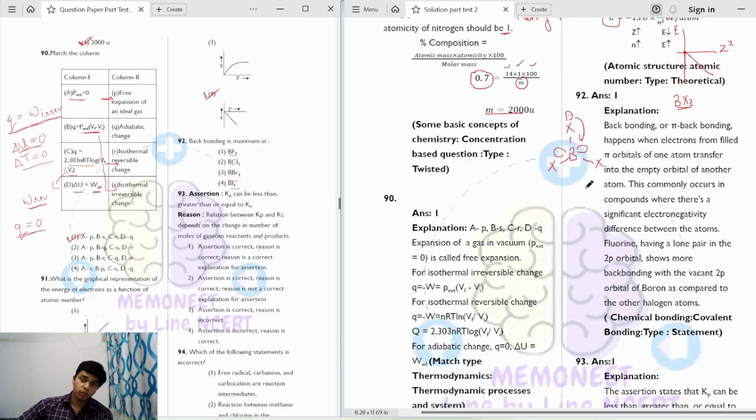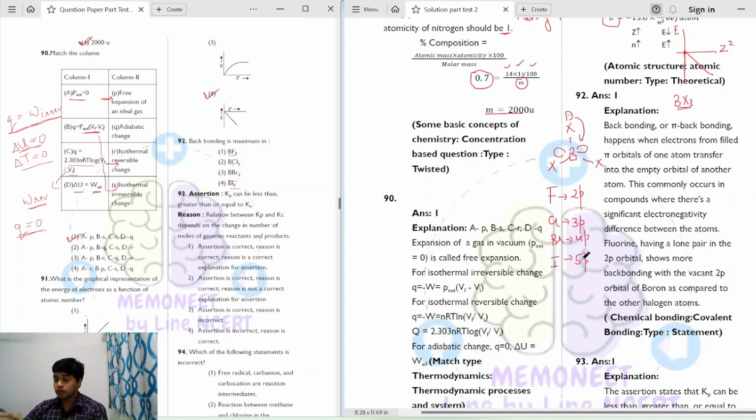If we talk about fluorine, it has its lone pair in 2p orbital. Chlorine has its lone pair in 3p orbital. Bromine has its lone pair in 4p, whereas iodine has its lone pair in 5p.